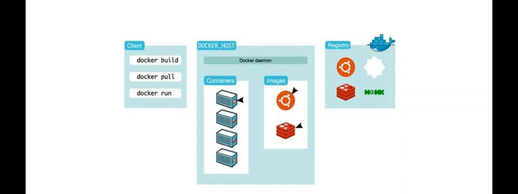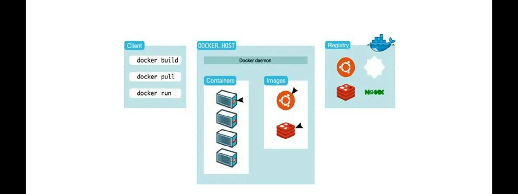So whenever we say docker run with the name of the image, it goes and searches for that particular image in a publicly available repository called Docker Hub. This is a public registry where all our publicly available images are stored. So we all know about Nginx.